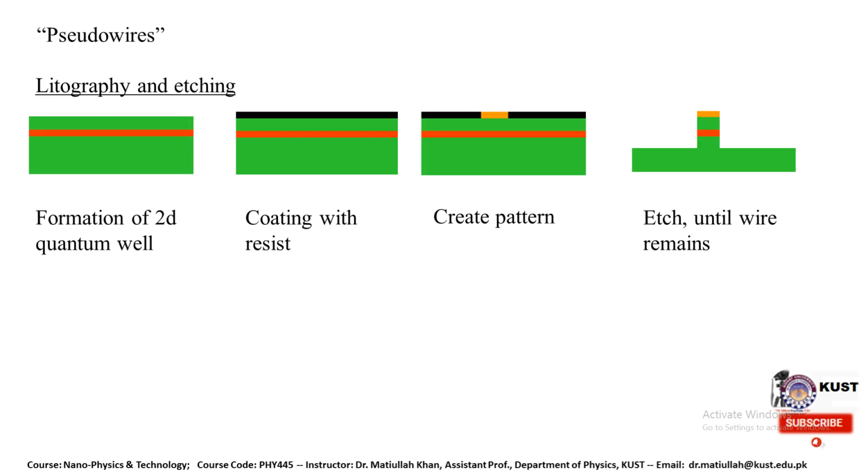The pseudowires are basically prepared by the lithography and etching technique, and this is a very special technique for the formation of the wire morphology. For this purpose, initially we need to prepare the 2D quantum wells, and that is coated with some resistive material, and then the pattern is created within it, and finally the other material is etched to prepare the nanowires.